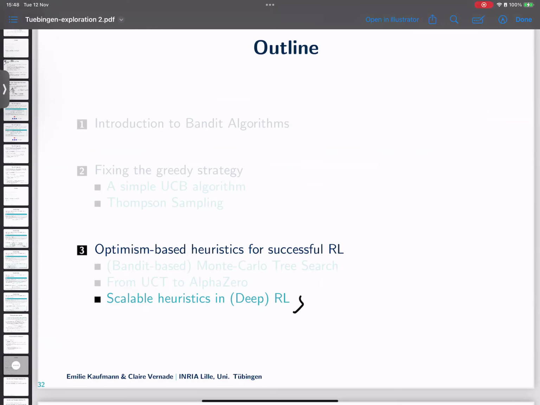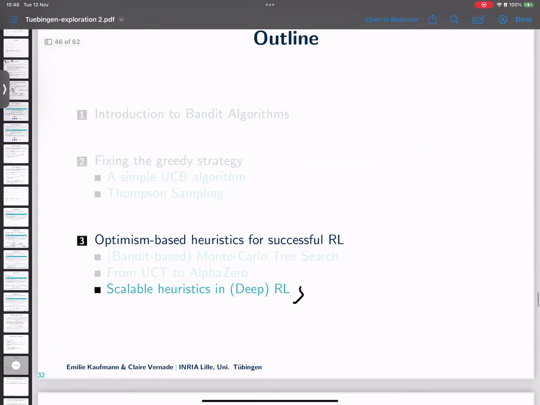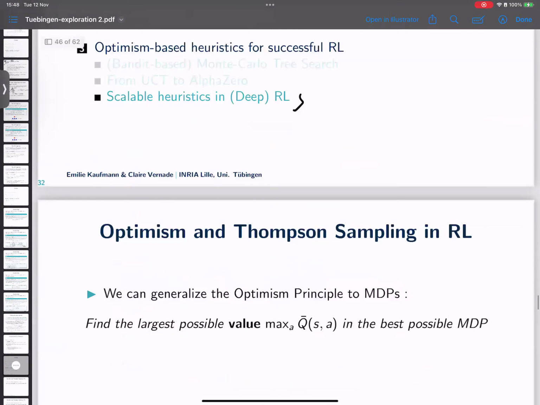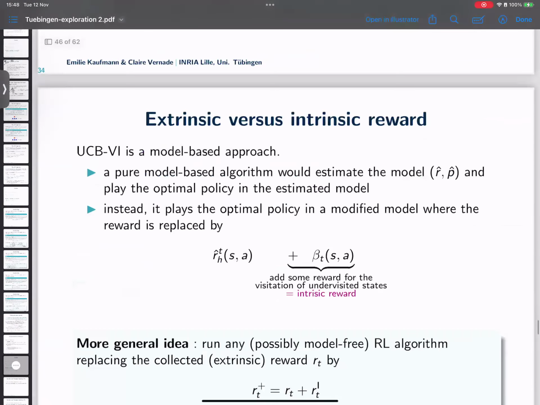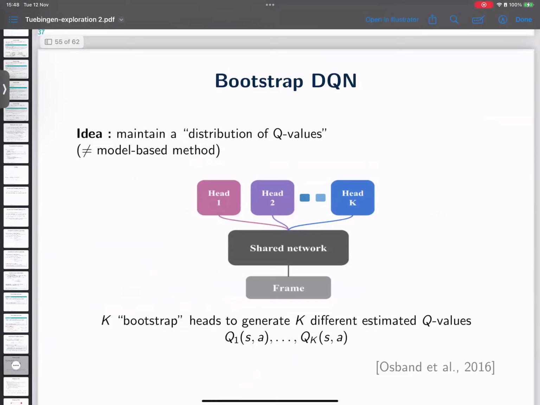But they are not theoretical algorithms. There are references and papers on how people use things like bootstrap kinds of methods, using different heads to generate different potential outputs for the world, for the different policies, these kinds of things. So I encourage you to have a look at the slides and just reach out to me if you have questions.